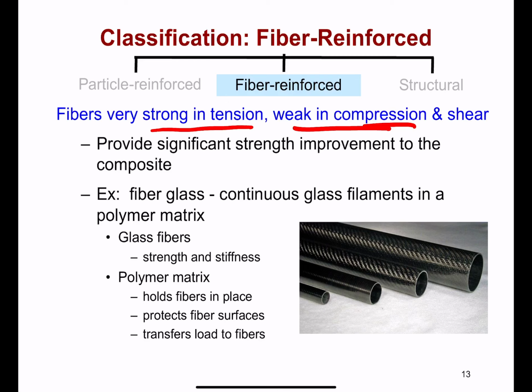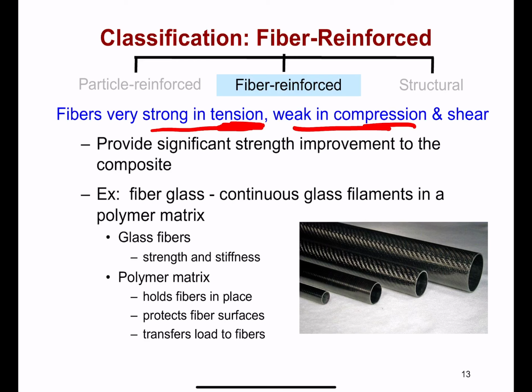And in shear, they'll also be more weak, so that is, they will fracture in a shear across the main length of the fibers quite easily. So we have an opportunity to provide significant strength improvement in the ultimate composite when we use these fibers, taking advantage of the tension property here.